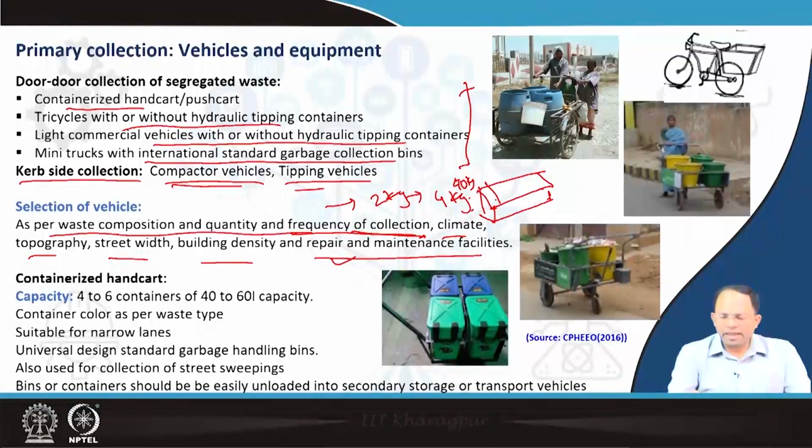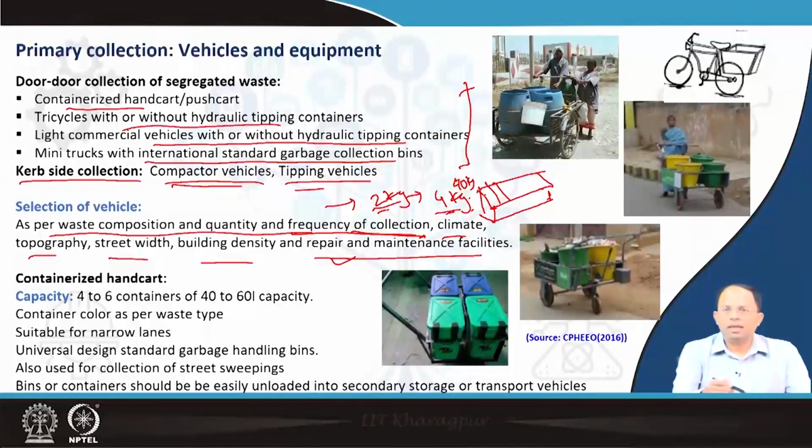That means after 10 houses, this vehicle will get filled, because each house is generating 4 kilos. Then it has to take this vehicle back to the secondary storage, unload the vehicle, and then come back. If the secondary storage is too far away, then you will lose a lot of time. Instead, if you could have done daily collection, then there are 2 kilograms of waste per house, so instead of 10 houses, you will be able to collect from 20 houses.